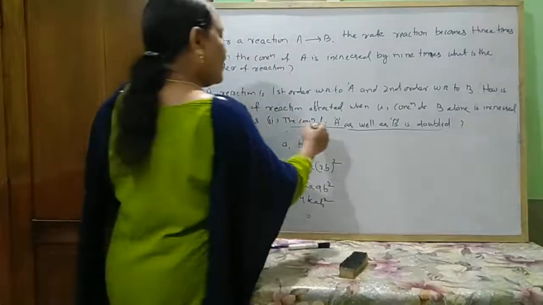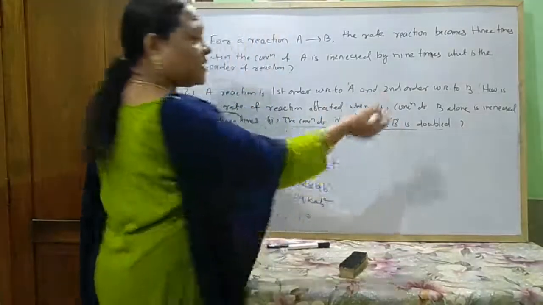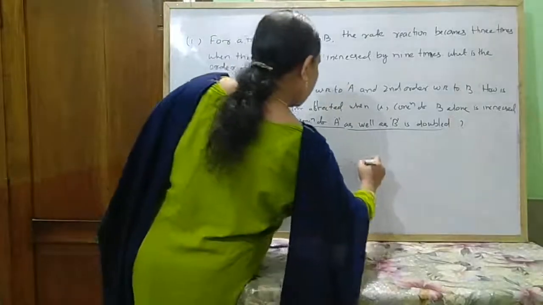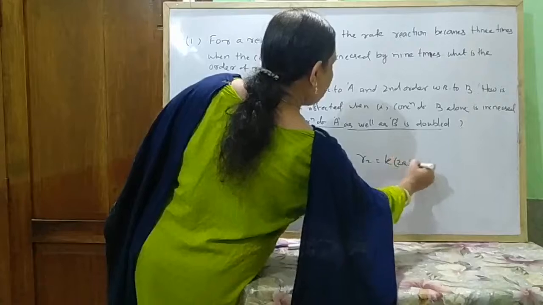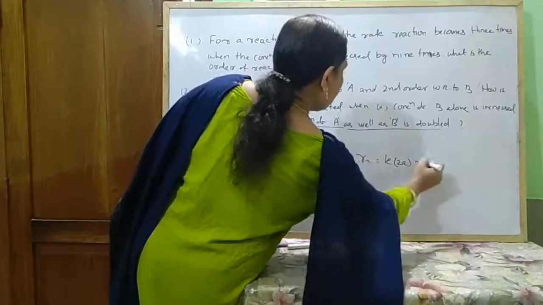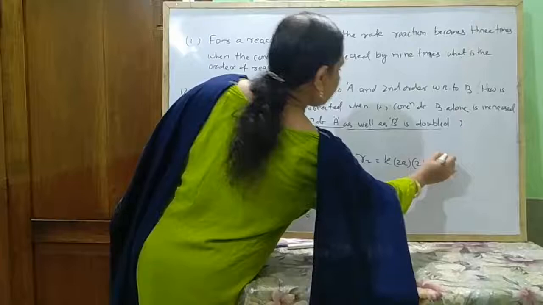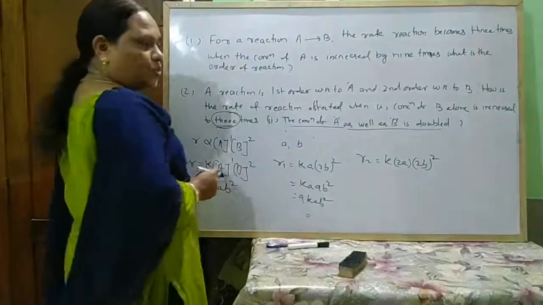And another case: the concentration of A as well as B is doubled, both are doubled. Then R2 equal to K (2A) into (2B) square.